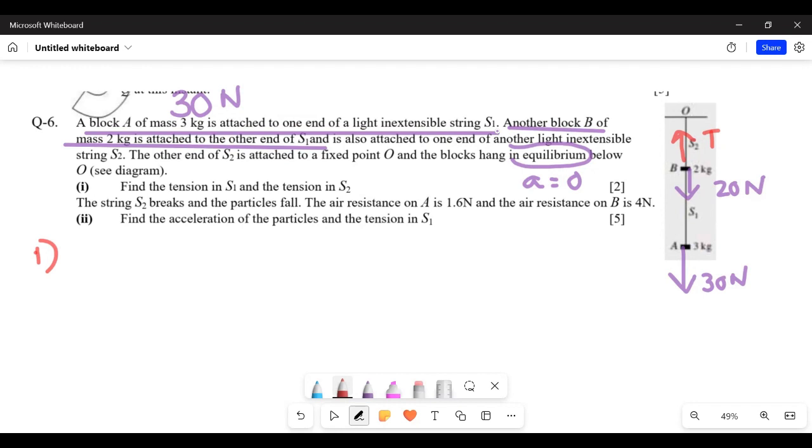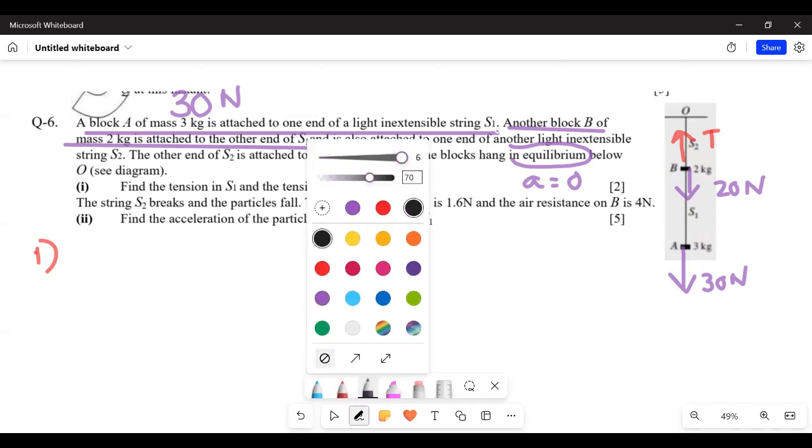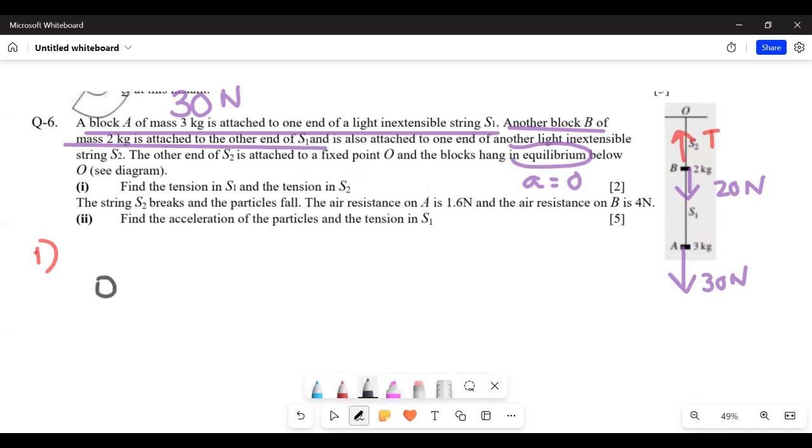नहीं. फॉरवर्ड फोर्स जो है ना, वो है, सॉरी, एक अपवर्ड फोर्स T है और डाउनवर्ड फोर्सेस 2 है. इस स्ट्रिंग ने दो वजन उठाए, ऊपर वाले स्ट्रिंग ने, एक B का और एक A का. तो जो पार्टिकल B है, वो कनेक्टेड है स्ट्रिंग S2 से, लेकिन साथ ही दूसरा पार्टिकल भी कनेक्टेड है.